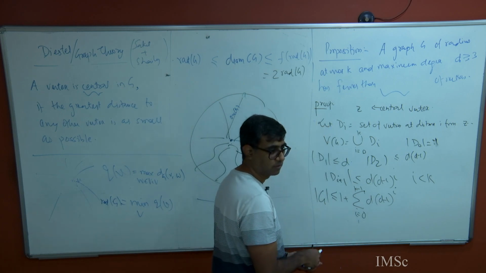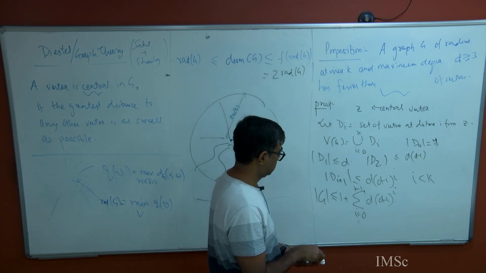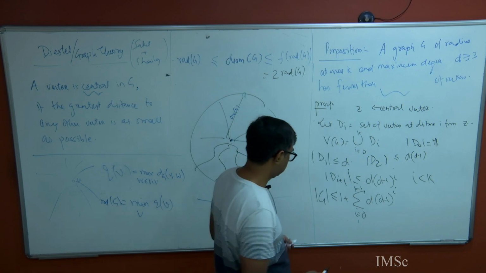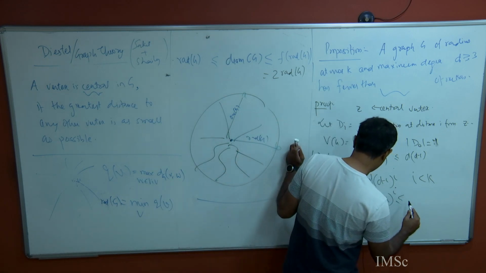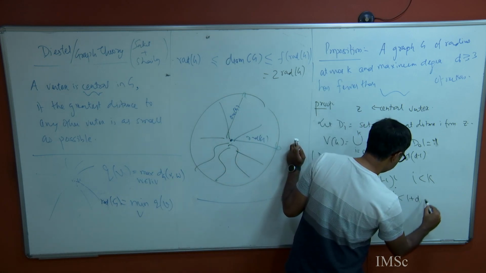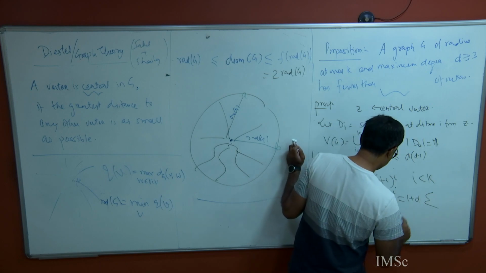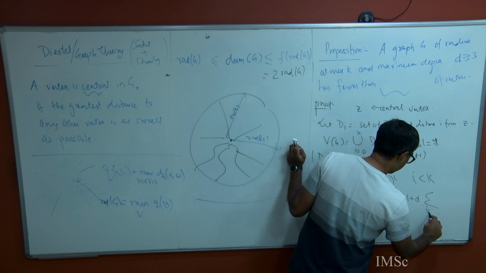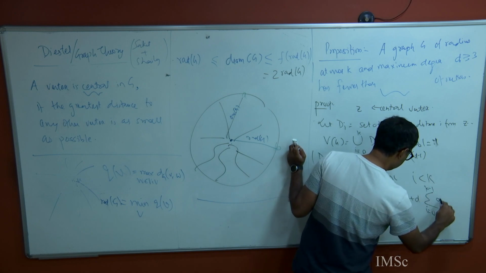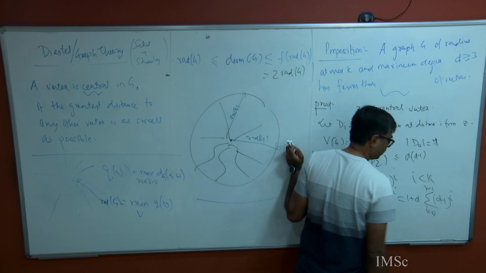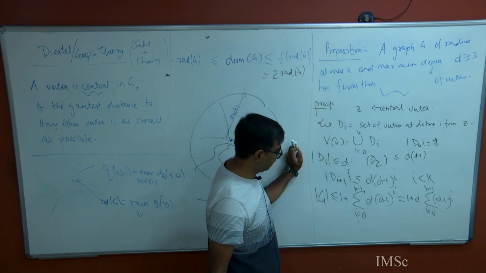Now what is this? d can definitely come out. And what is this? Isn't this some sort of geometric progression? So what is that number?